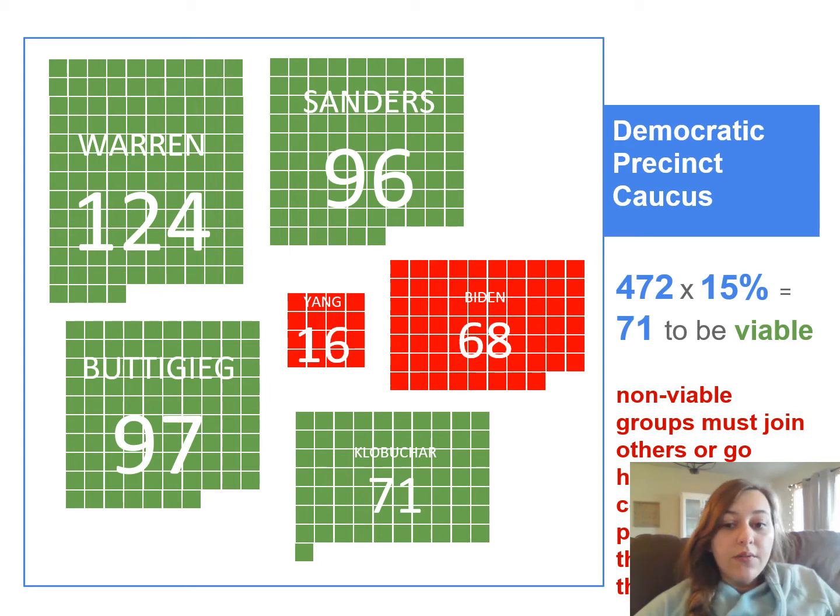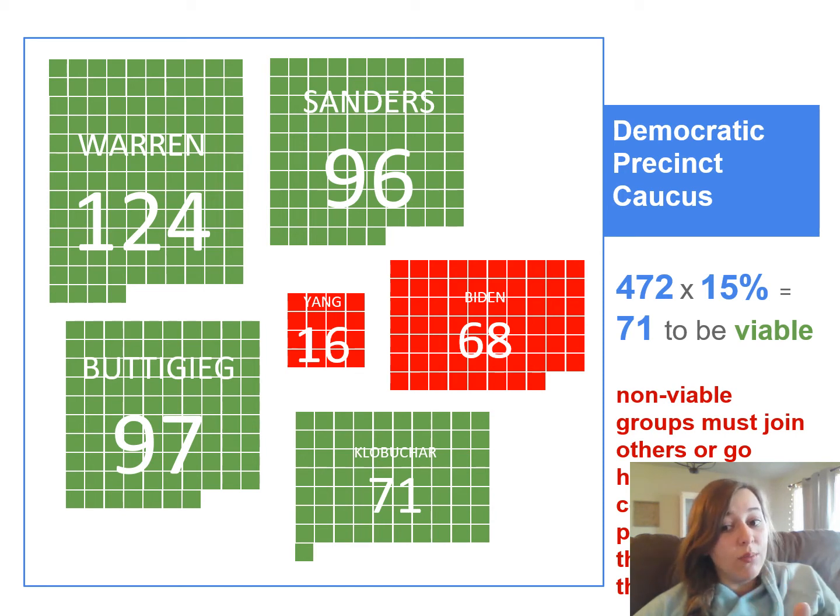So then the non-viable groups must either join other groups or go home. If you're a strong Andrew Yang supporter and you're not here for anyone else, you can just go. Or you need to convince enough people to join your group that you become viable. Biden is close, right? He's got 68.